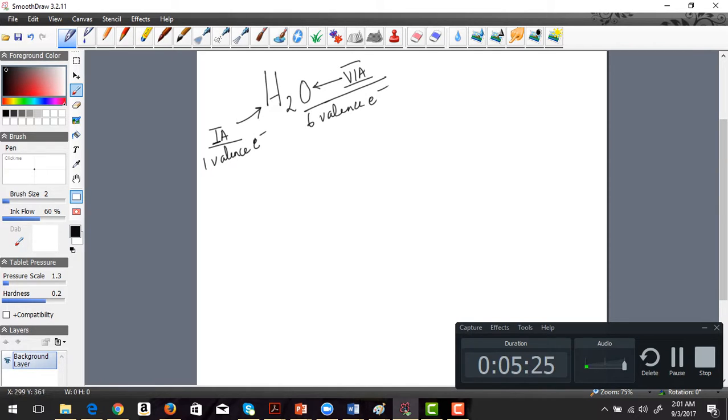And as always, you put the oxygen at the center because it's least in count, and you put the hydrogens on either side. Now oxygen's got 6 valence electrons. Let's go put them around: 1, 2, 3, 4, 5, and 6.